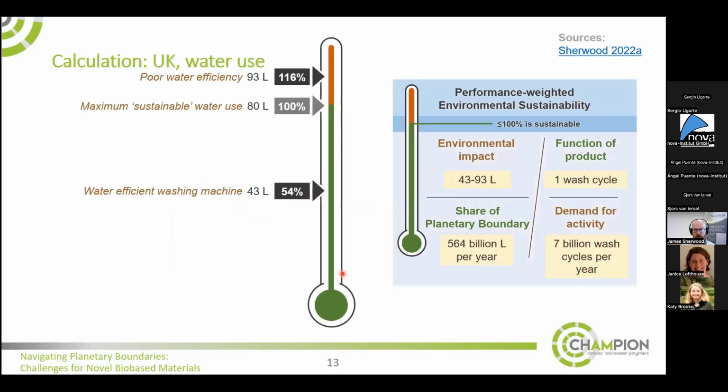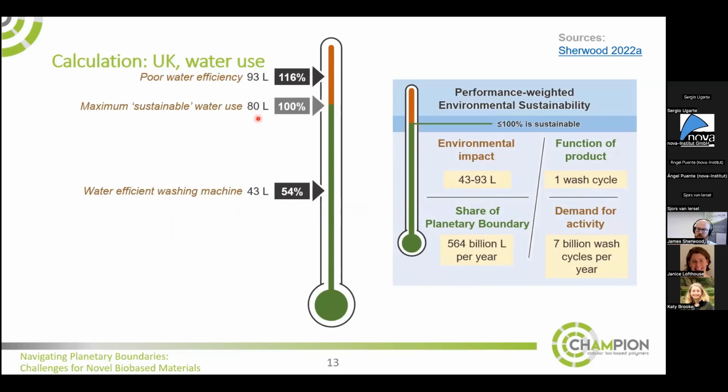Right, so now we can apply these numbers to the actual calculation for absolute sustainability. These are the values here. We have one ratio divided by another ratio. For our water efficient washing machine, the sustainable water use comes out at 54%. If we get to 100%, which would equate to 80 litres of water, that's the maximum.